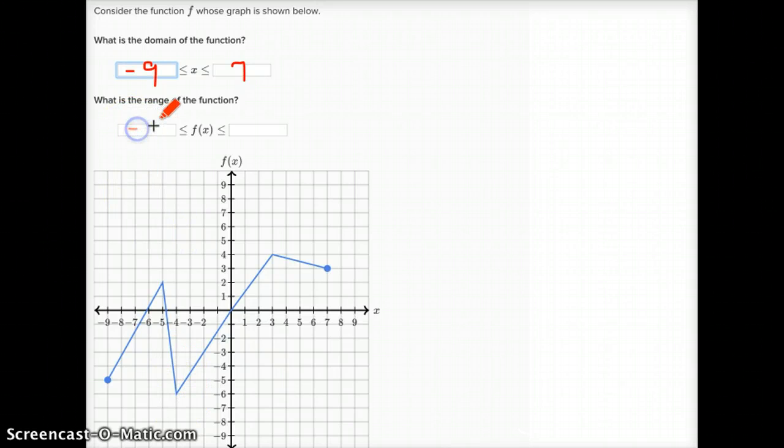So -6 is here. And now we'll look for the highest point on the graph. So we'll look for our largest y value. And this is our point. There's nothing above this, so this corresponds with y equals 4. So we'll write 4 there. And so that means our range is from -6 is less than or equal to f of x, which is less than or equal to 4.